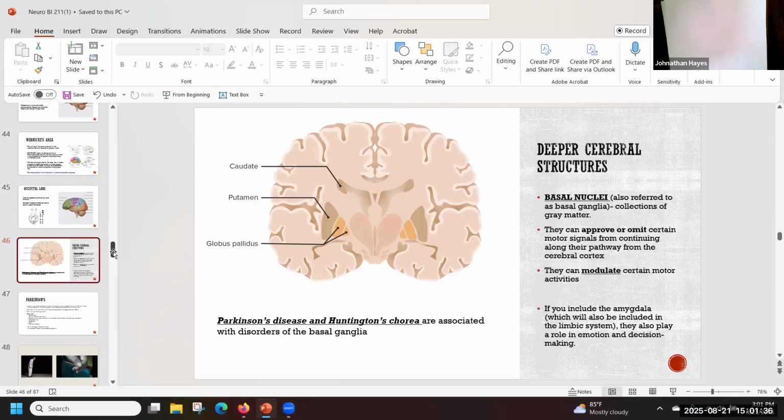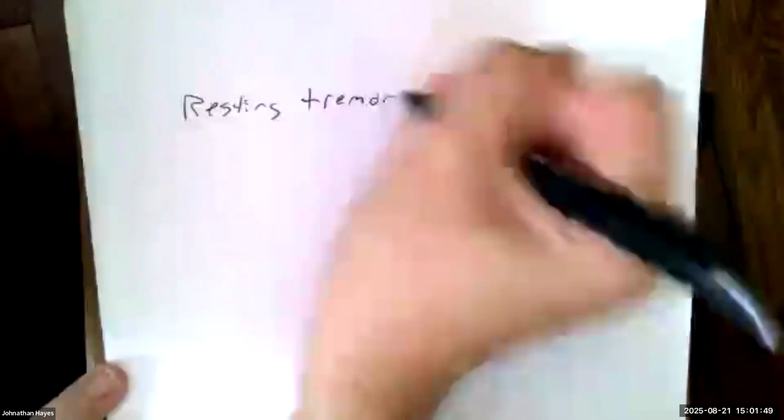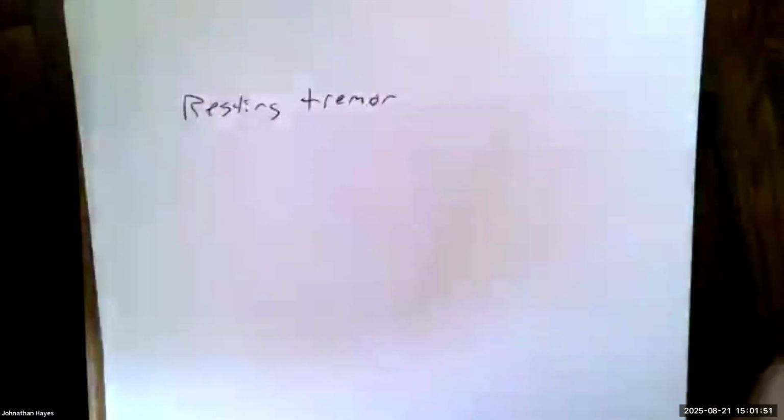So one of the most noticeable things about Parkinson's disease and Huntington's disease are things called resting tremors. They're called resting tremors. And they look a little bit different in Parkinson's versus Huntington's. So it's hard for me to show you just on a doc camera, but Parkinson's usually looks a little something like that.